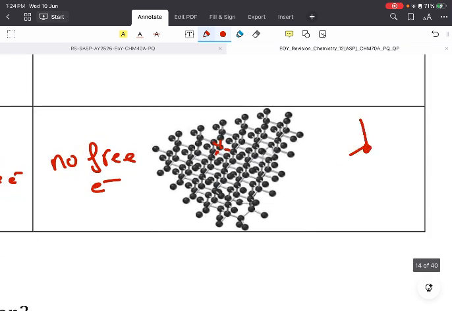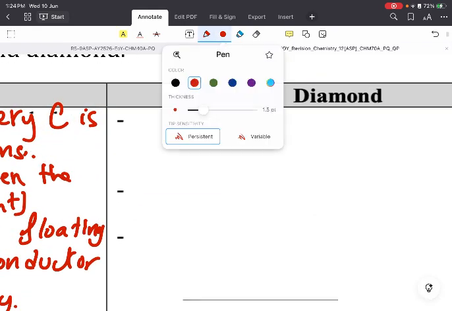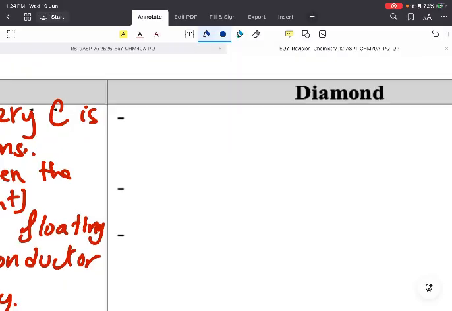I have every carbon bonded to 4 other carbons. So it's kind of a tetrahedral shape in this network. Now, every carbon has 4 bonds.